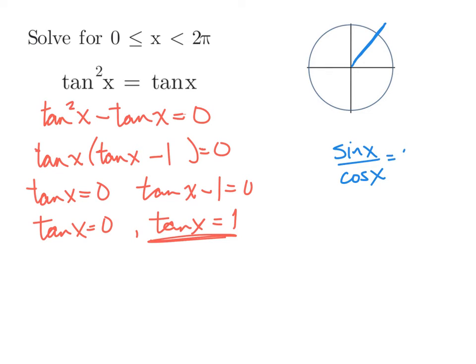And if we want that to equal 1, numerator and denominator have to be the same. That's going to happen when x is pi over 4. The other quadrant where tangent is positive is the third quadrant. And the third quadrant pi over 4 angle is pi plus pi over 4, which makes 5 pi over 4.